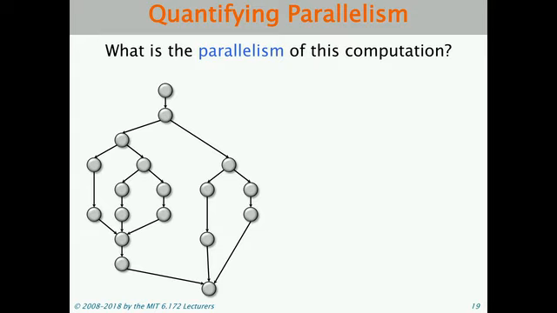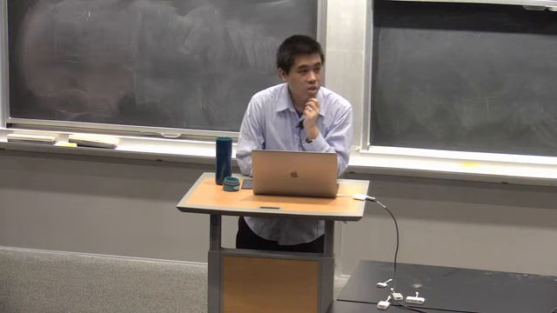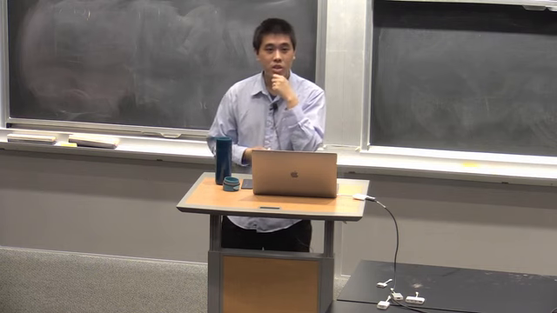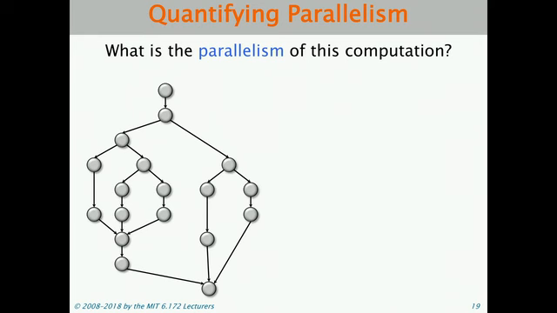OK, so let's try to quantify the parallelism in this computation here. So how many of these nodes have to be executed sequentially? Yes. So it turns out to be less than 9. Yes. 7. Turns out to be less than 7.